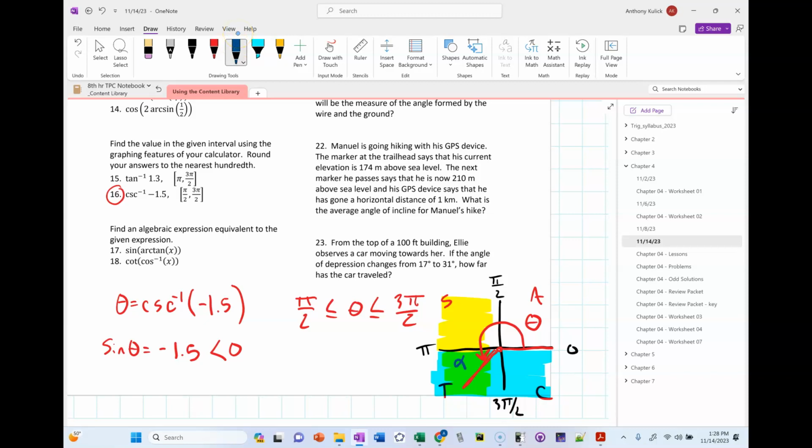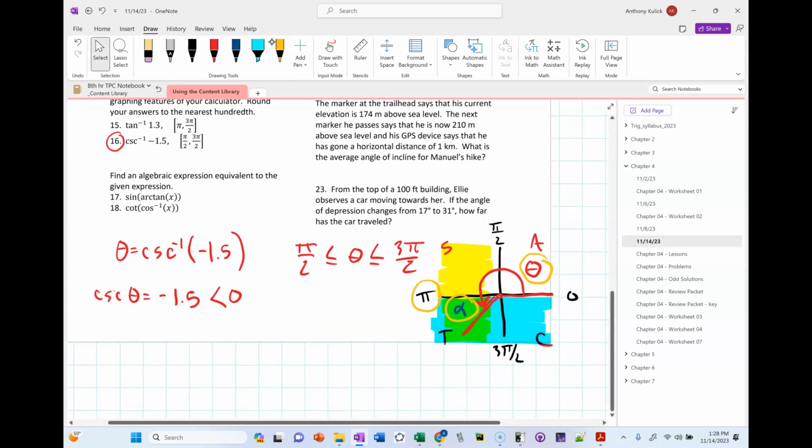If I call this guy alpha between the terminal side and the x-axis, and I ask myself to write an equation that relates theta, pi, and alpha together, I would write, oh my goodness, I didn't mean sine there, I meant cosecant. What equation relates theta, pi, and alpha together?